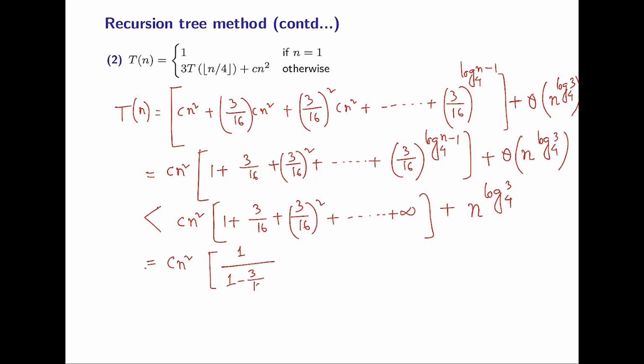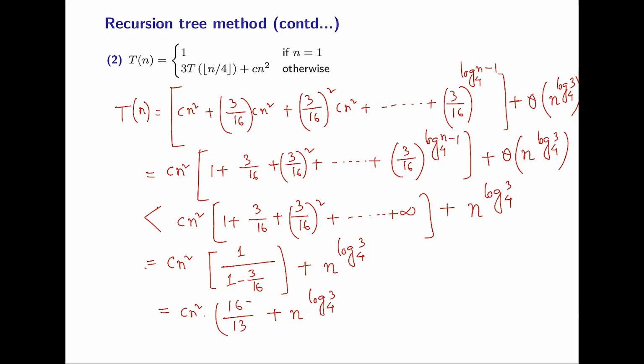So the common ratio is 3 by 16. Plus n to the power log 3 base 4. If you simplify, you will get a constant here, right? So you will get Cn square times 16 by 13, since 16 minus 3 is 13, plus n to the power log 3 base 4.